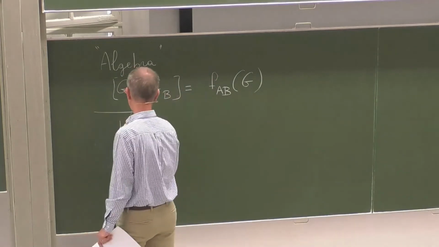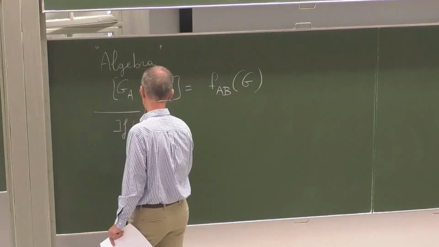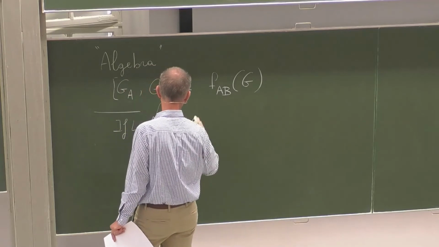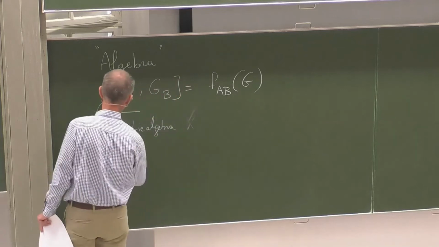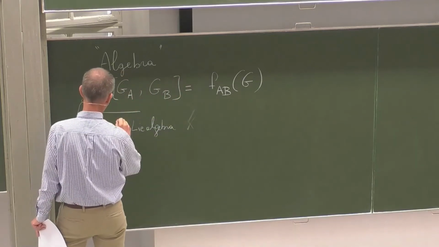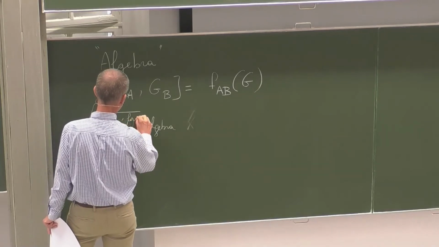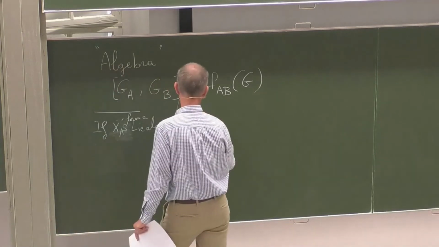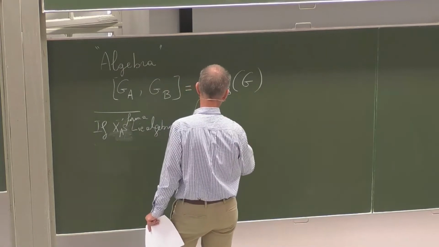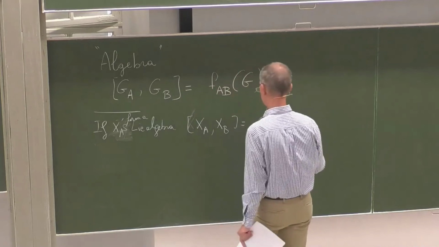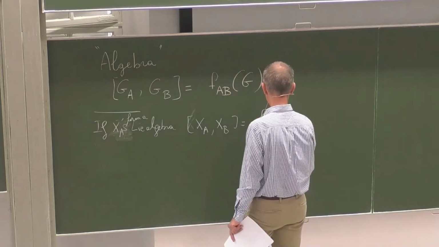So if the corresponding vector fields X_A form a Lie algebra, so if [X_A, X_B], and since I know that I have an anti-isomorphism, let me put a minus sign here.